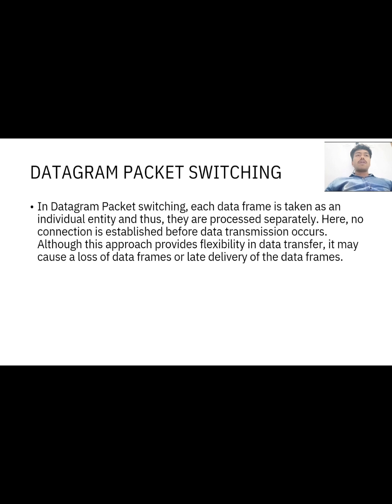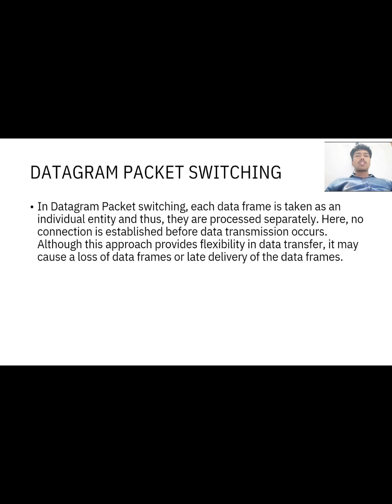Next, packet switching was classified into two. They are virtual circuit packet switching and datagram packet switching. In datagram packet switching, each data frame is taken as an individual entity and thus they are processed separately.